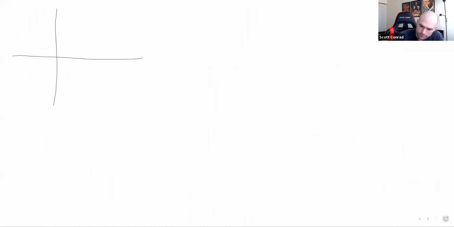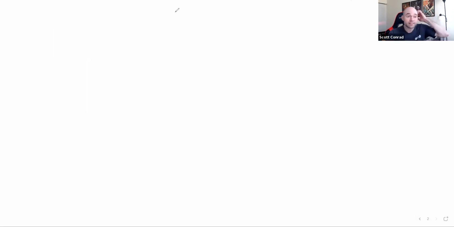So one thing to note, in rectangular coordinates, the name of the point is unique, right?